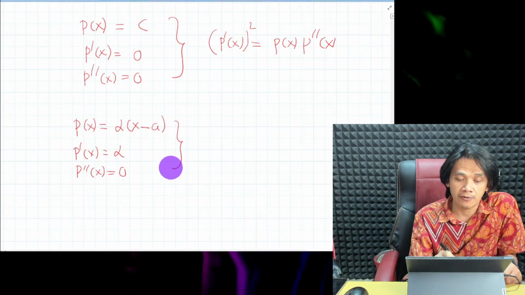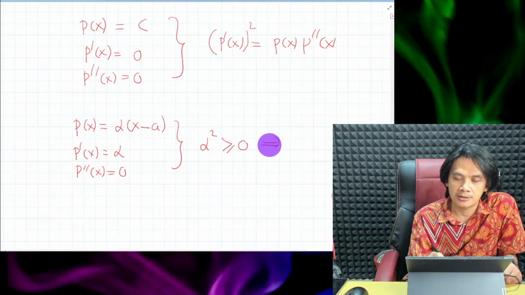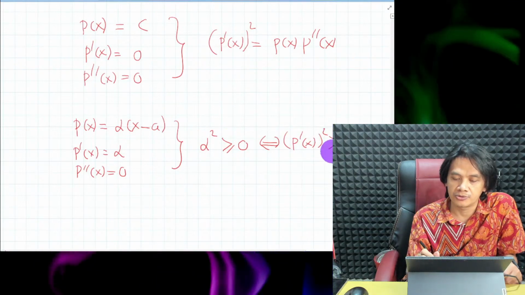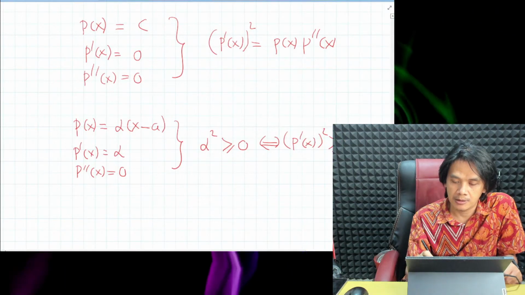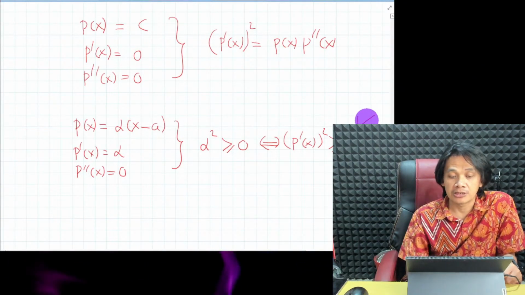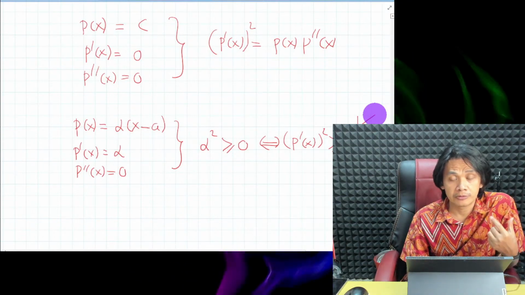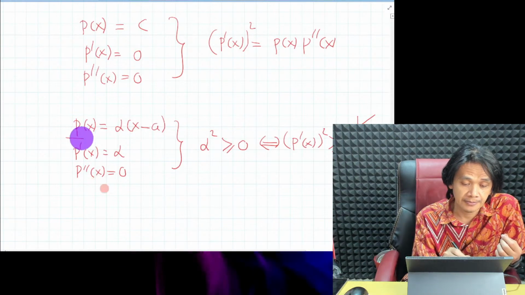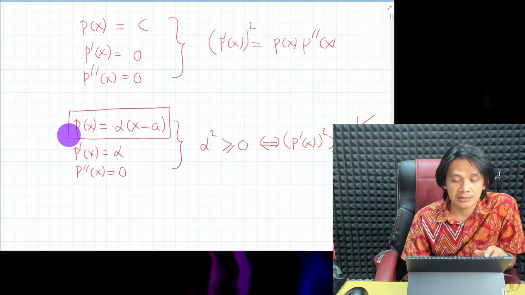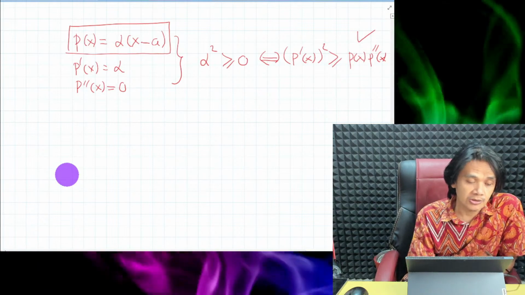From this, of course, alpha squared is bigger than or equal to 0, hence it is the same thing as p prime of x squared is greater or equal to p of x, p double prime of x. Right. So this statement checks for polynomials of degree 1, right? So now it seems induction might work.